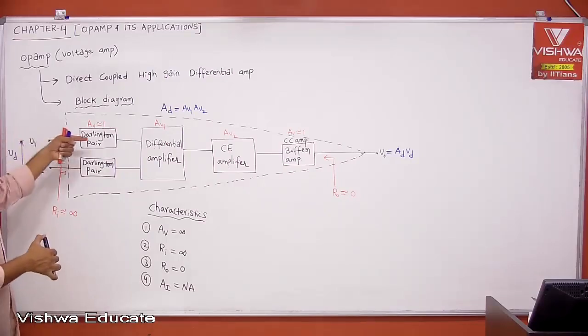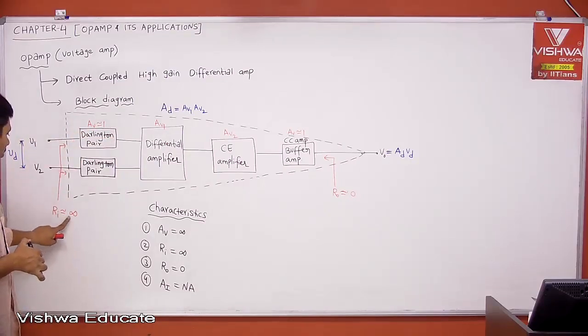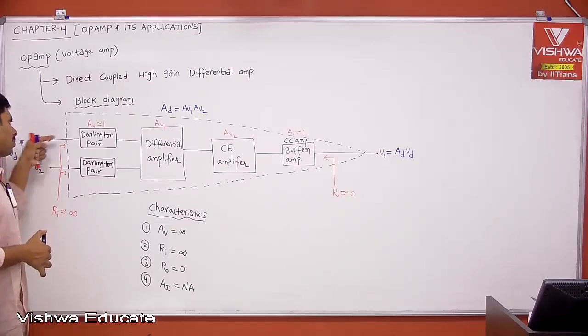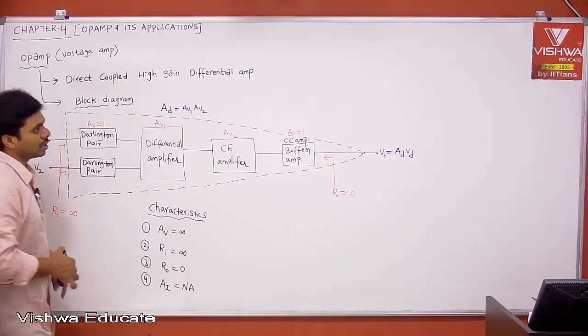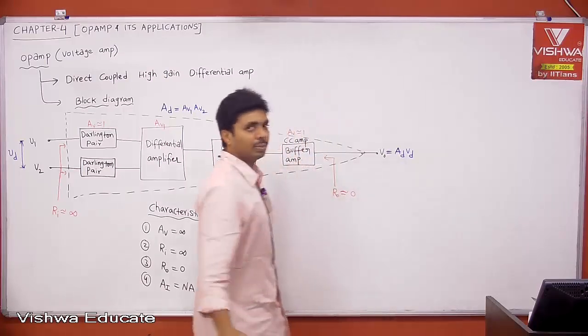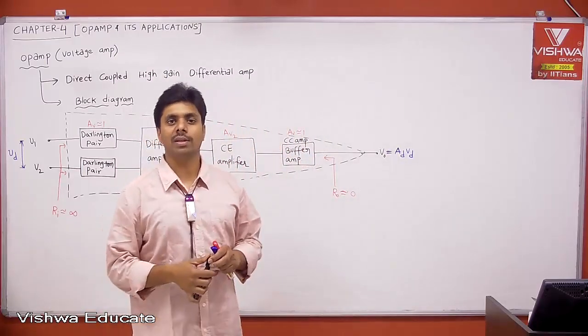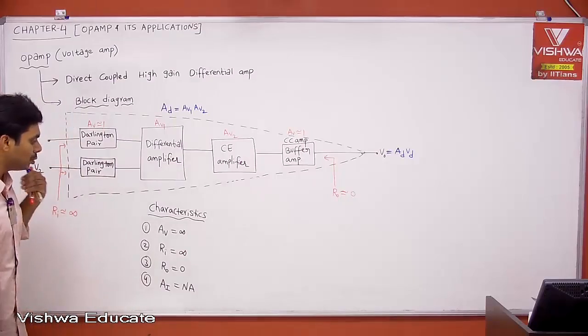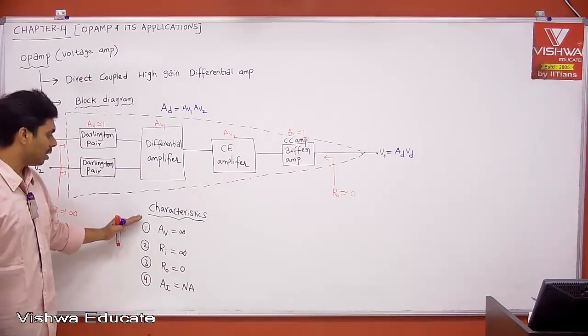Because what is your input current? Current entering into your op-amp. Because input impedance is infinity, current entering into your op-amp is 0. If current entering into the op-amp is 0, input current is 0, even though you have some load current when you connect a load here, because there is no input current, we should not define current gain. Therefore, current gain is undefined. Therefore, we are mainly looking for very high voltage gain.